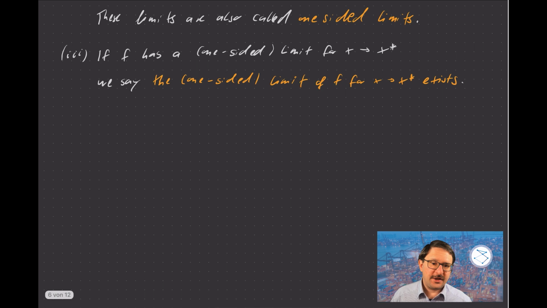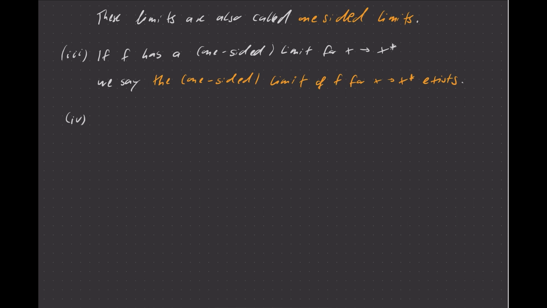But of course, this notion can be extended to a gamma that is either plus or minus infinity. We would then say the function tends to plus or minus infinity. And of course, we can also use plus or minus infinity for x star by just taking sequences that tend to plus or minus infinity as the basis of our definition in this star property. And that's the last part of this definition.